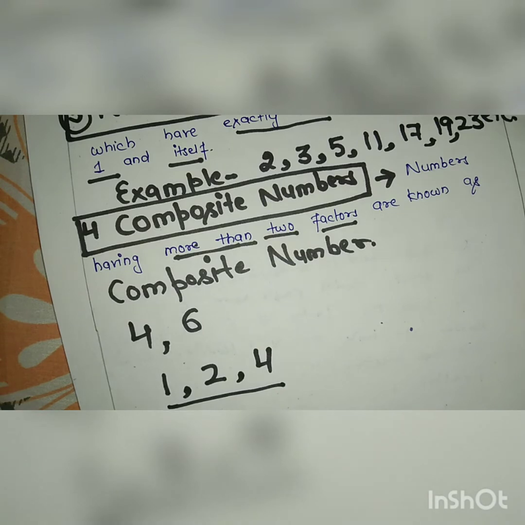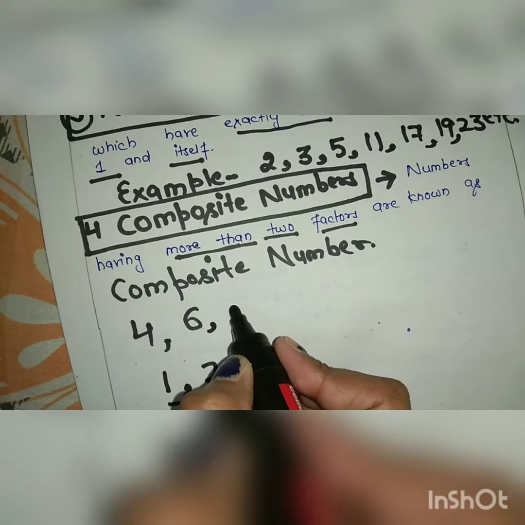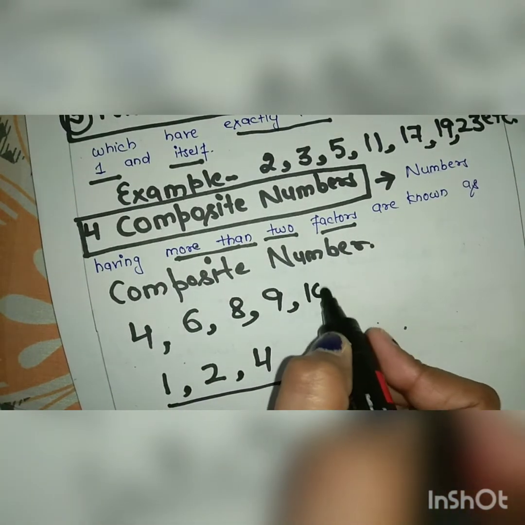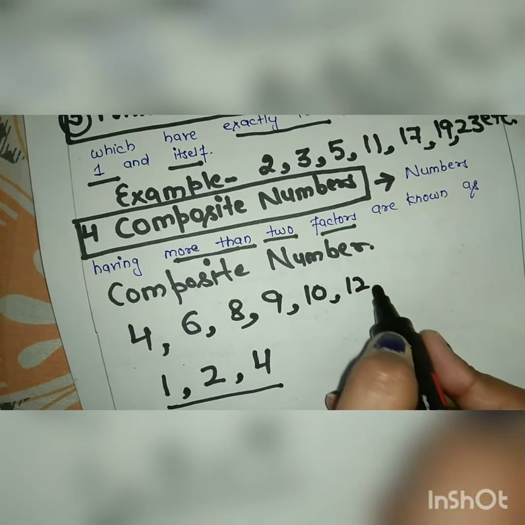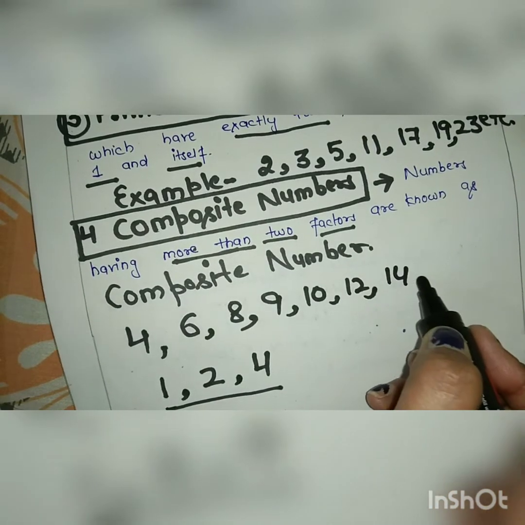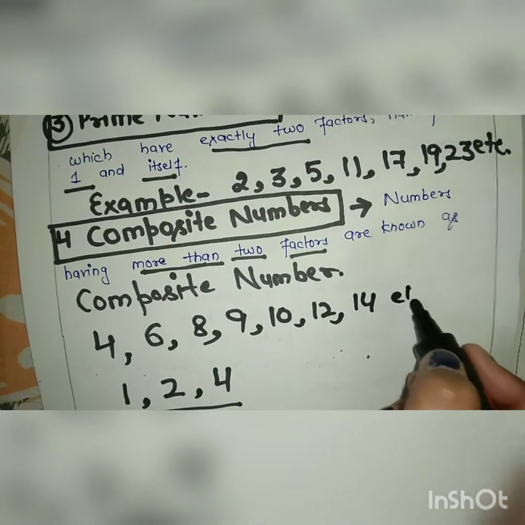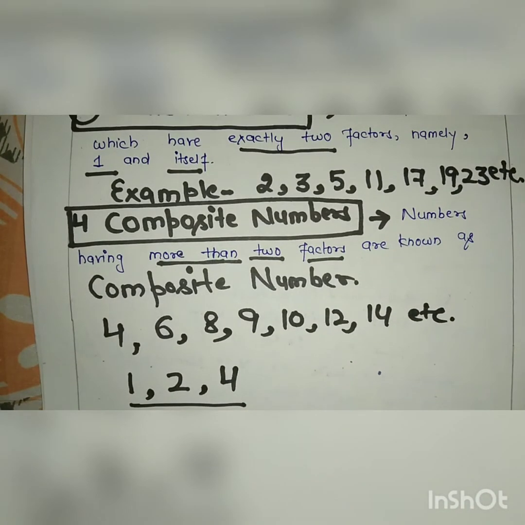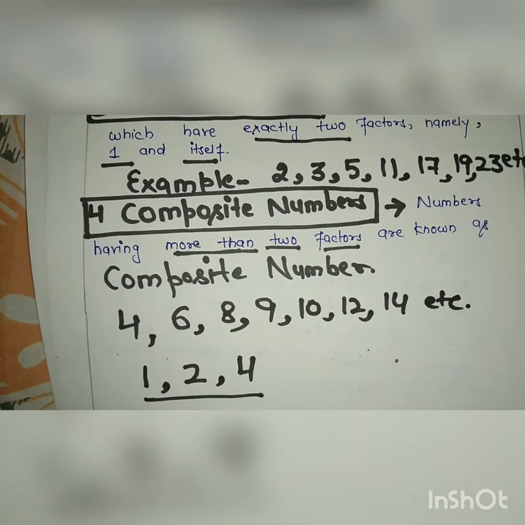So it has 3 factors. 4, 6, 8, 9, 10, 12, 14, etc. So these are composite numbers.